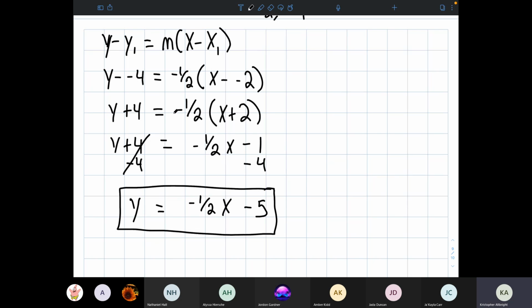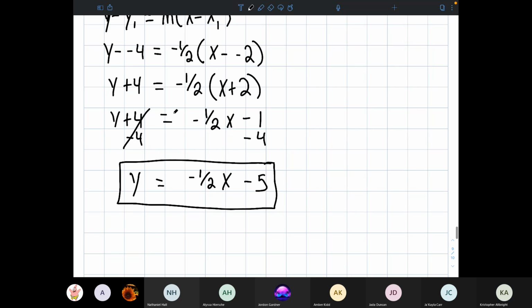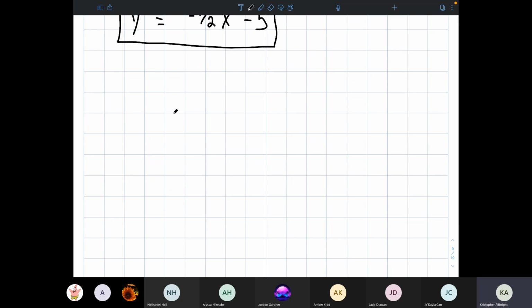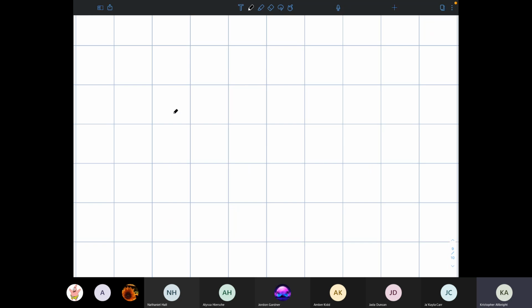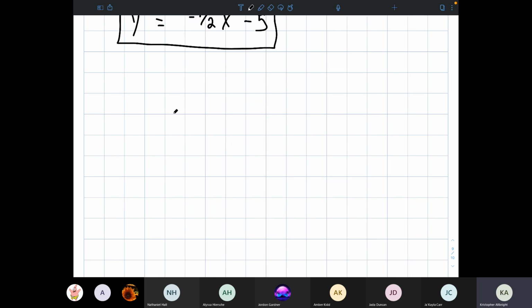Some extra little information that you might need to know. Parallel means the same slope. So if it asks for a line with a slope parallel to 3x minus 4 equals y, then all you need is the slope out of this. So you just take the slope and you say, okay, my m is 3. So parallel means that they never touch.